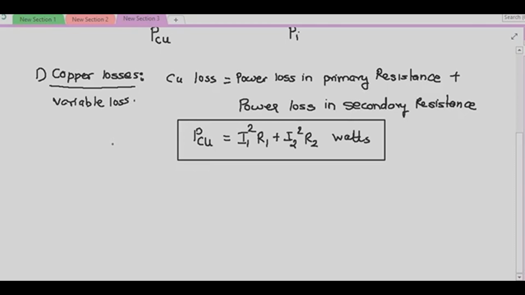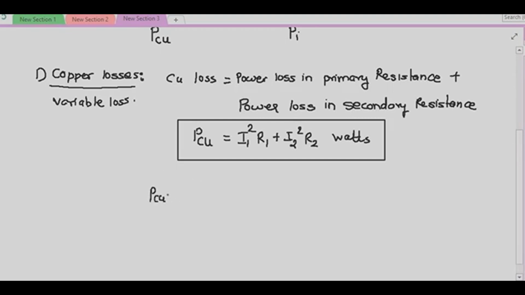And as this loss is dependent upon the square of the load current, the copper loss at full load and at half load will be different, because at full load my current will be more and at half load it will be half of the full load current.